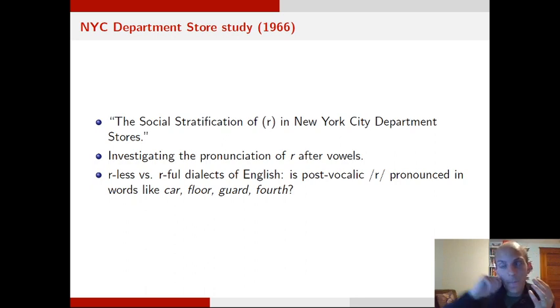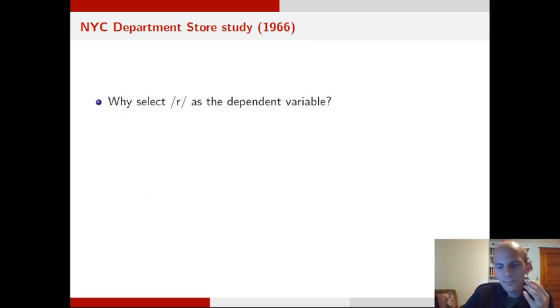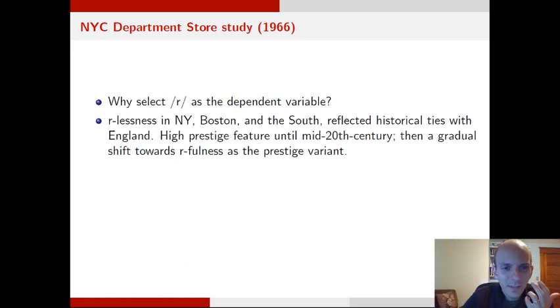So that's what was being investigated, this R-lessness versus R-fullness. Why was this selected as a dependent variable? Why were people interested in this? Well, one reason is that it's got a really cool history. R-lessness in the East Coast and South reflected ties with England, and this made it a high prestige feature.